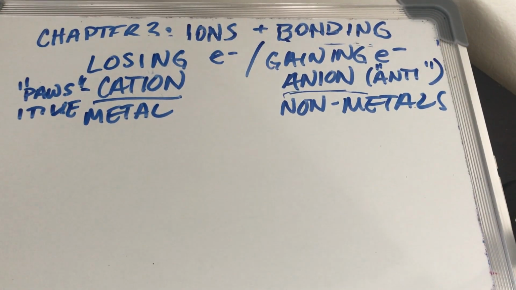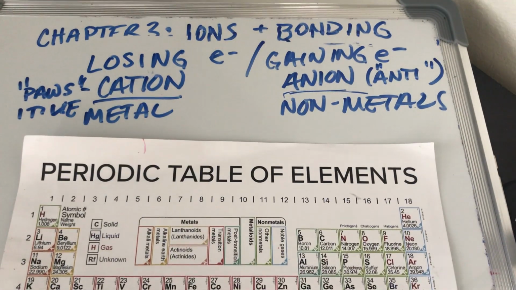And this seems like a really trivial point, but it's super important. Will metals ever form anions? I don't think so. No. For the most part, and when I say for the most part, I mean actually all of them do not.